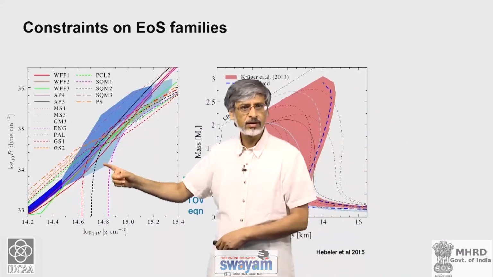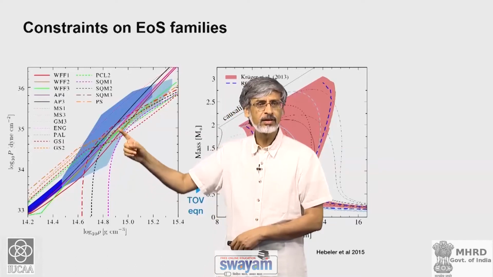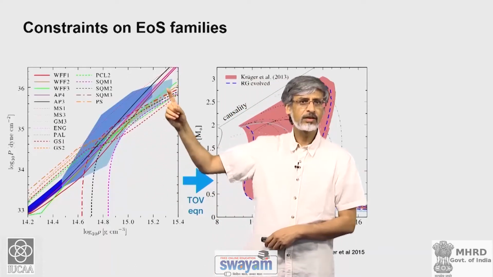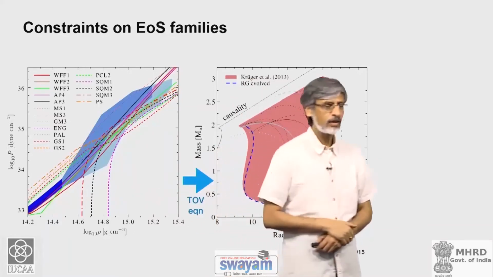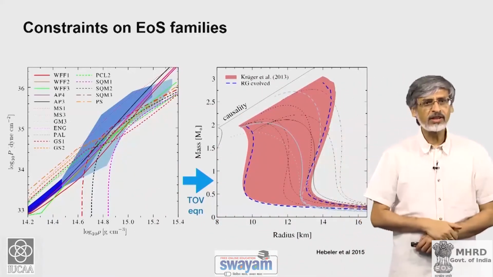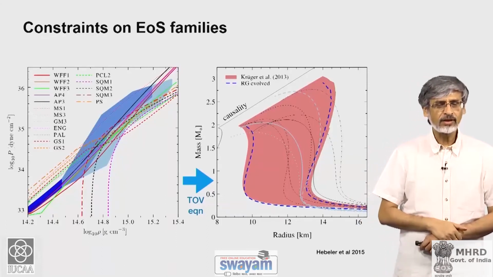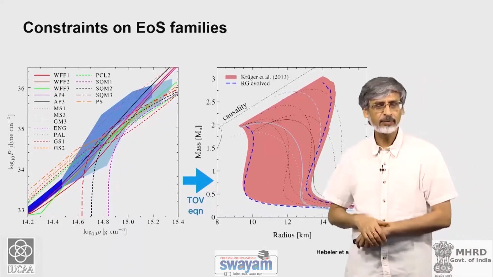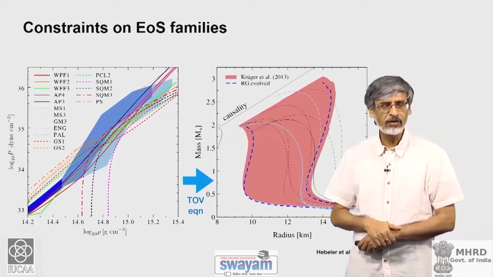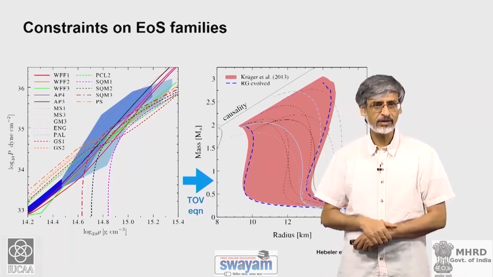And in these shaded colored regions are indicated the regions of pressure density relations which are allowed by the laboratory as well as astrophysical constraints.